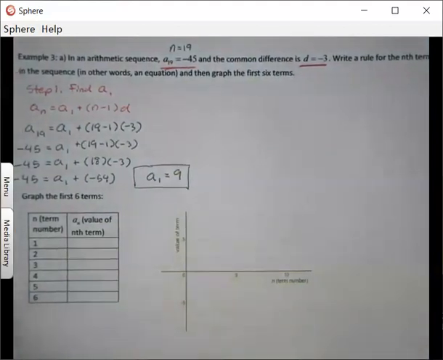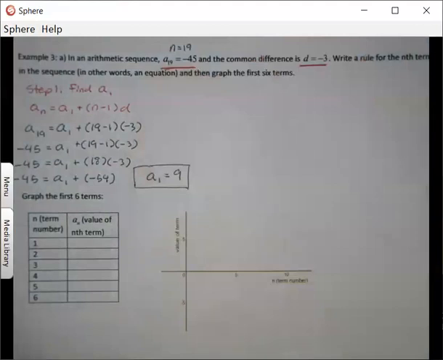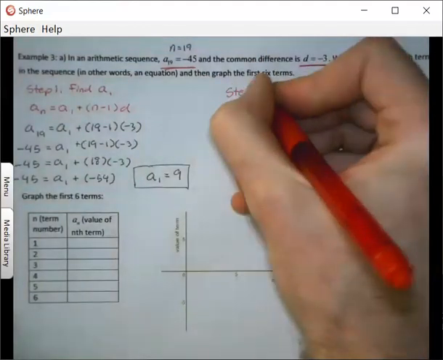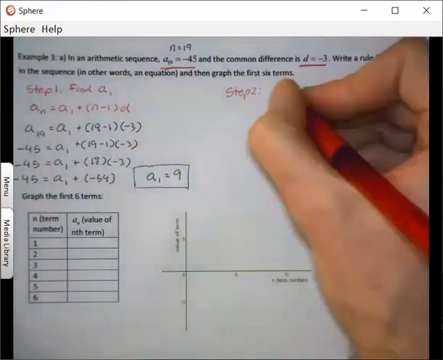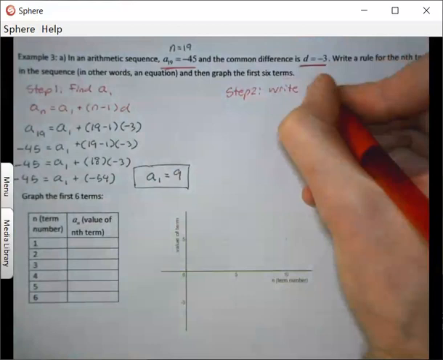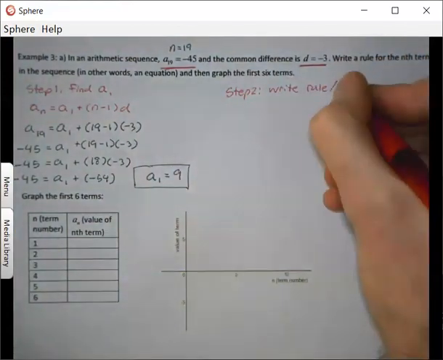Now that we have our first term, we have enough information to write our rule. So step 2, we're going to write our rule. And remember, saying write a rule, that's the same as saying write an equation.